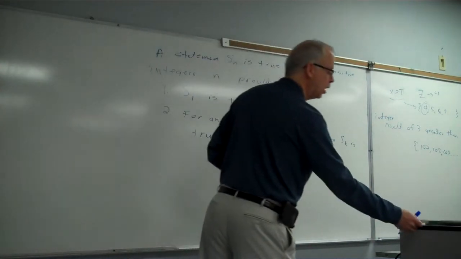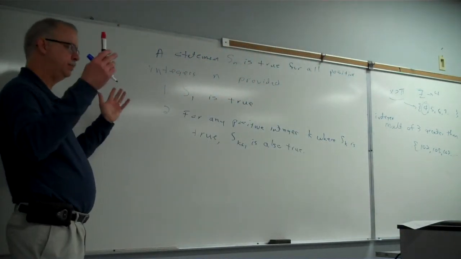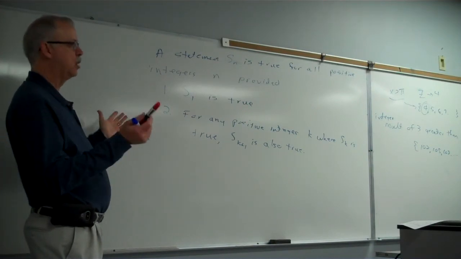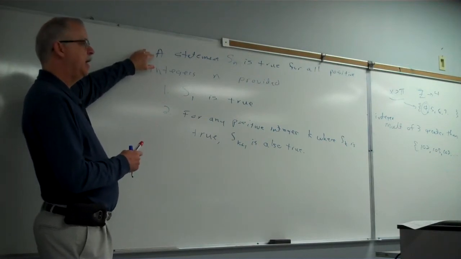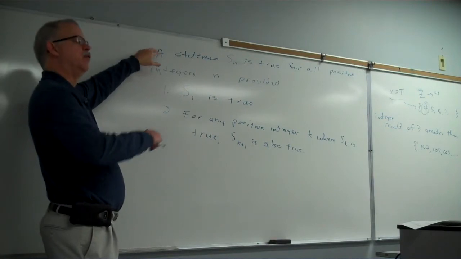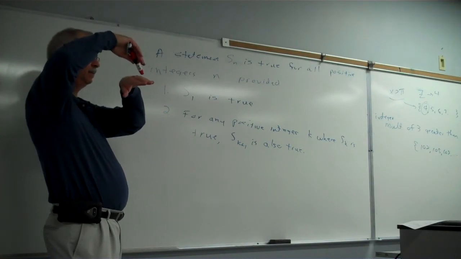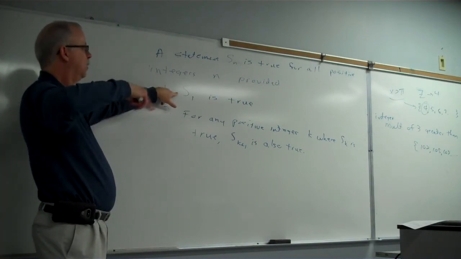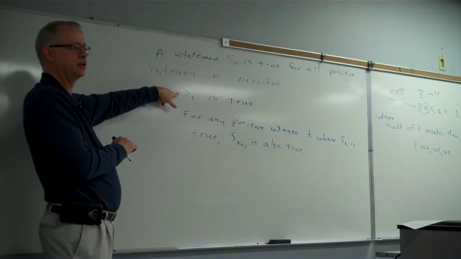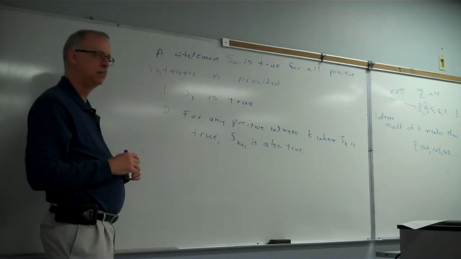Let me see if I can relate it back to well-ordered just a little bit. The integers are well-ordered. So suppose we've got this statement S sub n, and suppose it was not true somewhere. If we look at the set of places it's not true, that set has a smallest element. If it's not true at 1, then the principle of mathematical induction would fail. But suppose it's not true at 4.